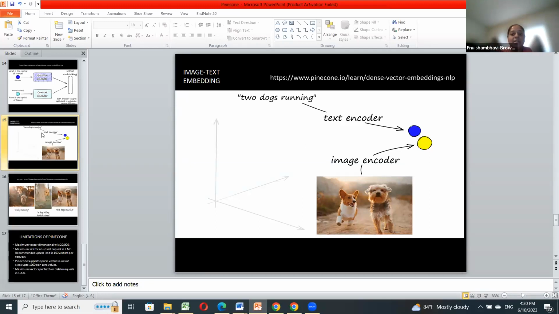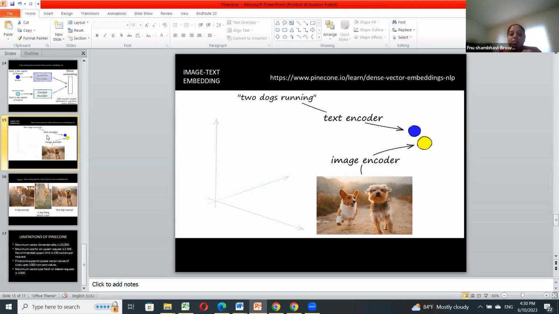It's encoding both the text as well as the images in the same vector space, mapping them to the same point in the vector space, in order to find whether that text is related to that image in any form, like describing it. So it's also similar to the sentence transformer or the question answering.